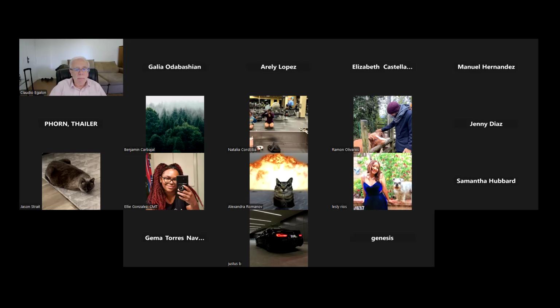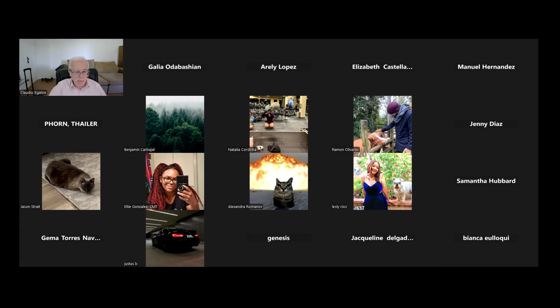Natalia Córdoba. Jacqueline Delgadillo. Jenny Diaz. More students coming in. Let's see, Jenny Diaz, you have your spreadsheet there.